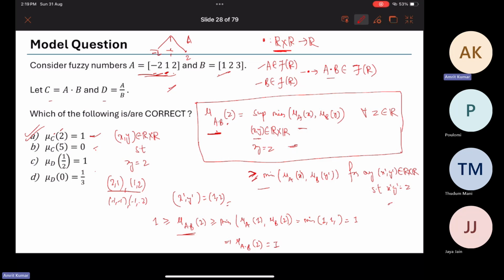We carefully saw that at x equals 1, the membership of A is 1, and at x equals 2, the membership of B is 1, and 1 times 2 is 2. And we need to compute the membership of 2. And therefore, that gave us a hint that maybe this can help. Okay.